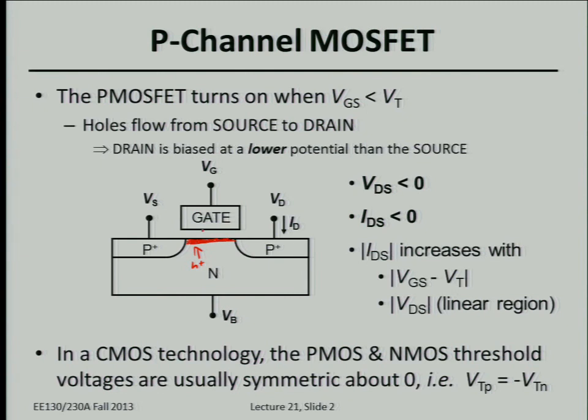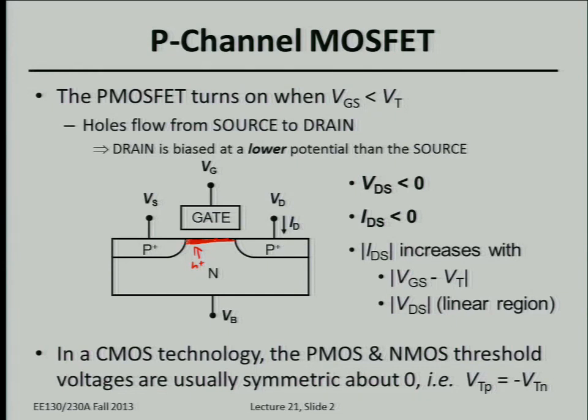What happens, technically, is you apply a negative voltage that is more than a threshold voltage below the flat band, so the gate voltage is lower than the source voltage by more than the value of the threshold voltage. So the gate is more negative than the source voltage.